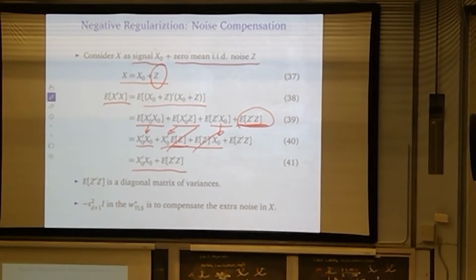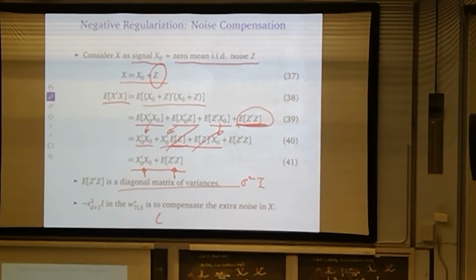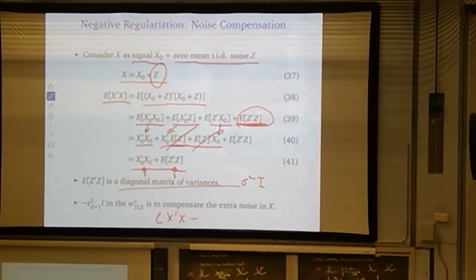So essentially, we derive that the covariance of the noisy data is the actual covariance matrix of the data plus the covariance of the noise. And because it's IID, the noise covariance is a diagonal matrix, essentially sigma square I. Okay? So you can think of the solution as having this form, X transpose X minus SD plus 1, 0, I, right? This is because X itself has noise.